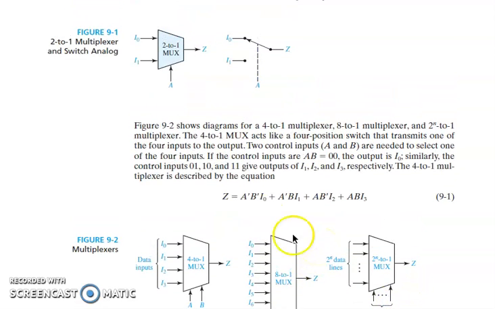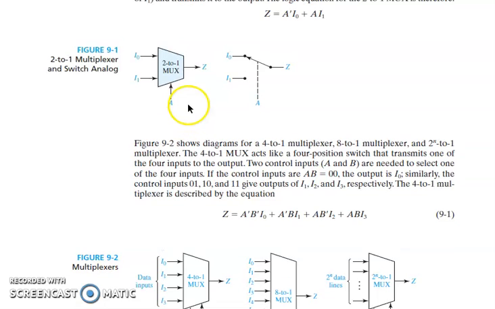How is it designed? It's just like a switch. We connect either this input to be our output or that input to be our output, and which one is decided by the control input.